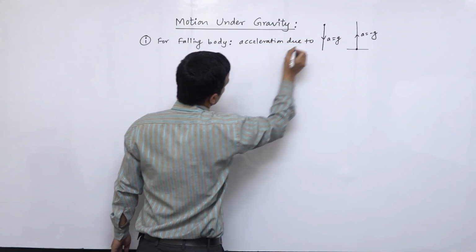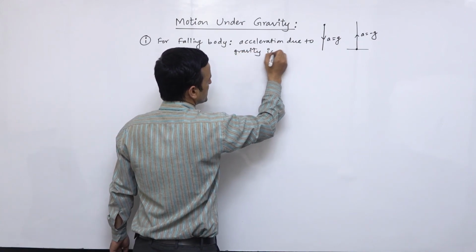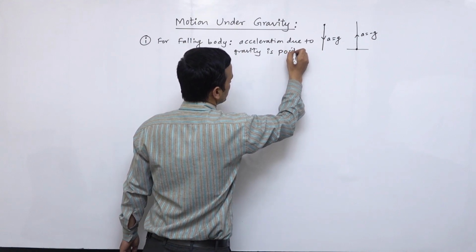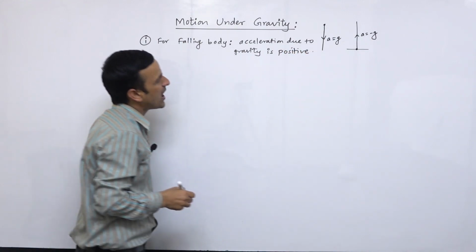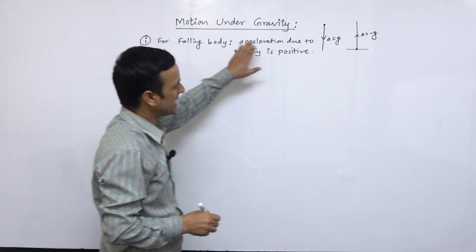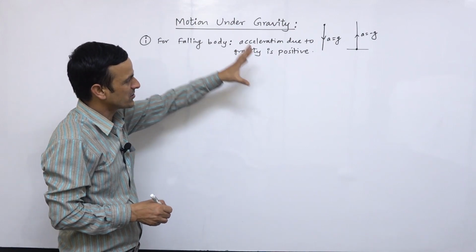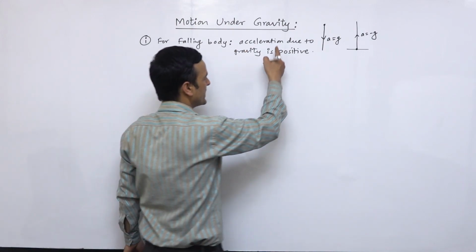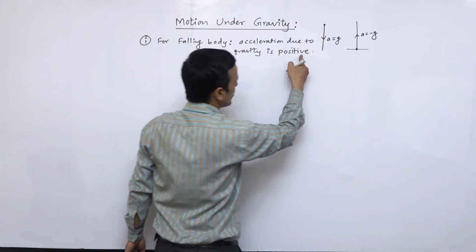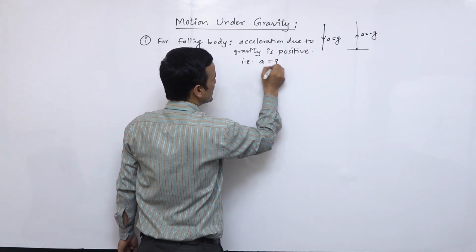Acceleration due to gravity is positive, always positive for falling down the object from any point. Falling body को लागि under gravity हामीले कुनै body fall गरिरहेका छौं भने acceleration due to gravity is always positive. So that is a is equal to g.